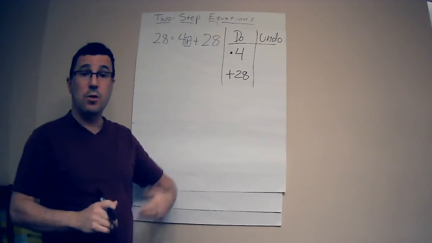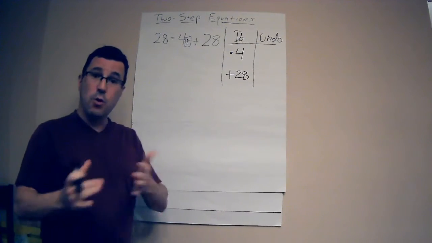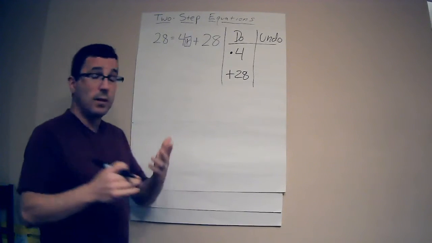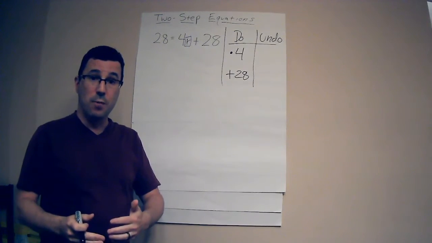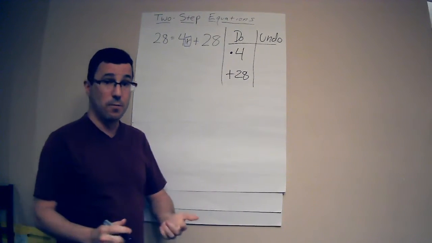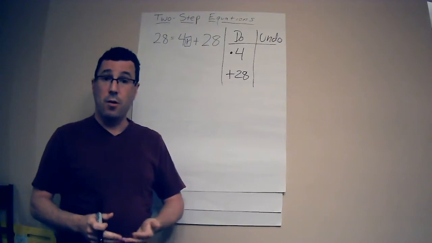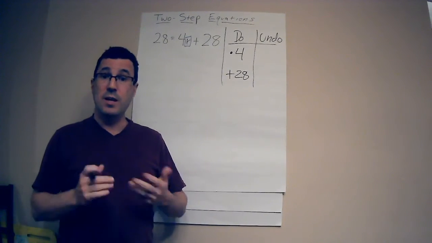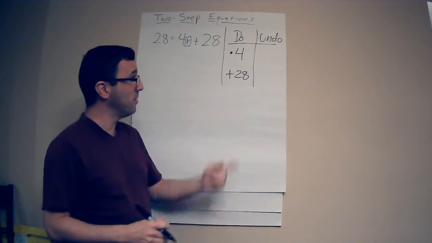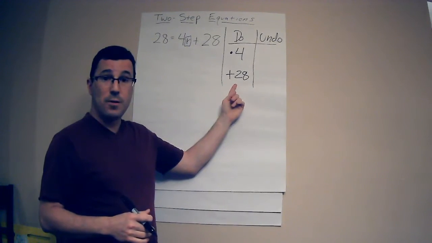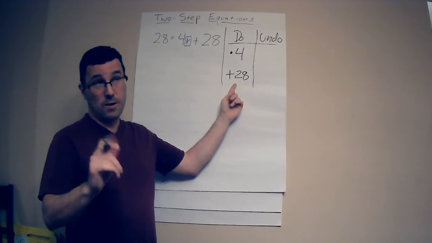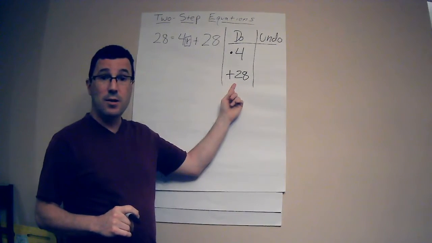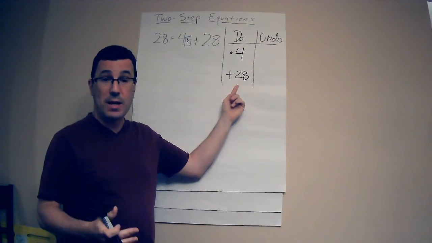Now on the undo side, we work in reverse. The last thing we did in the do column is the first thing we undo. And if you remember from our video on one-step equations, we need to deal with opposite operations. The last thing we did to the variable was add 28, so the first thing we undo is plus 28, and the opposite of addition is subtraction.